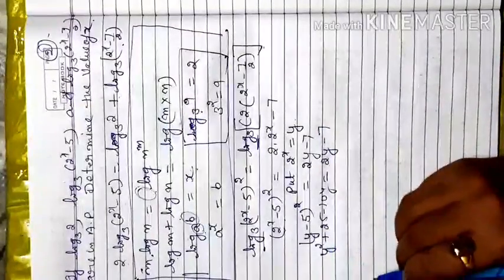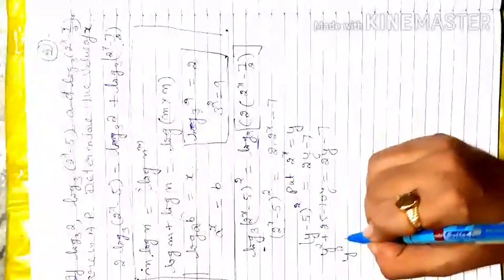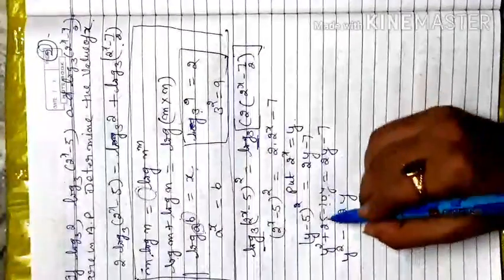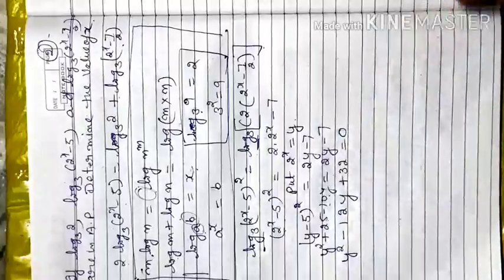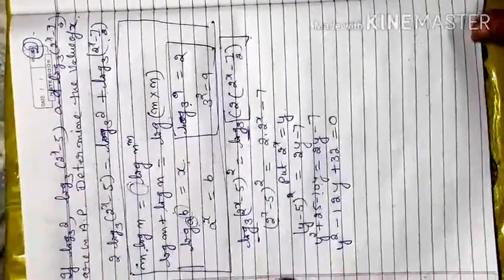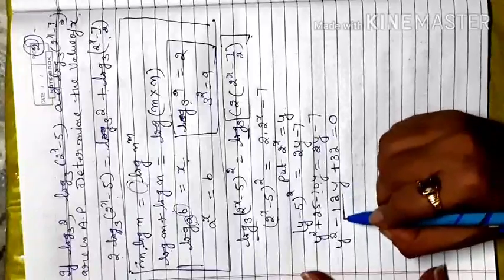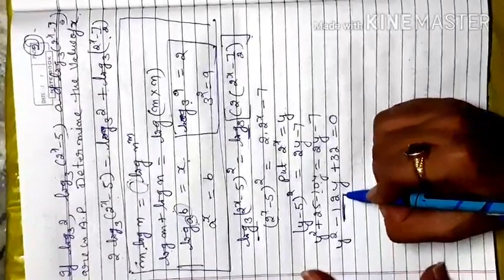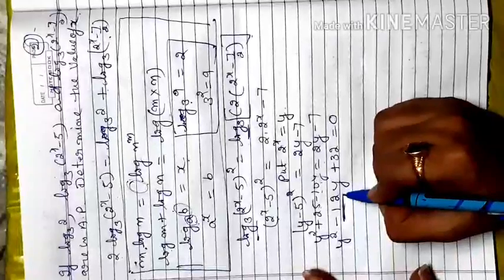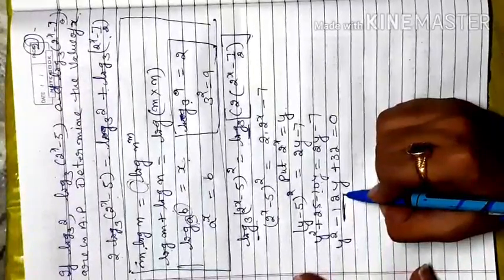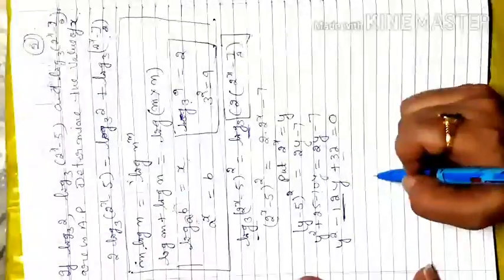Now all the terms are shifted here. So that becomes y square minus 10y and minus 2y becomes minus 12y, 25 plus 7 is 32, equal to 0. Next we go with the middle term split method. In place of minus 12, we need two numbers which add up to minus 12 but multiply to give plus 32.